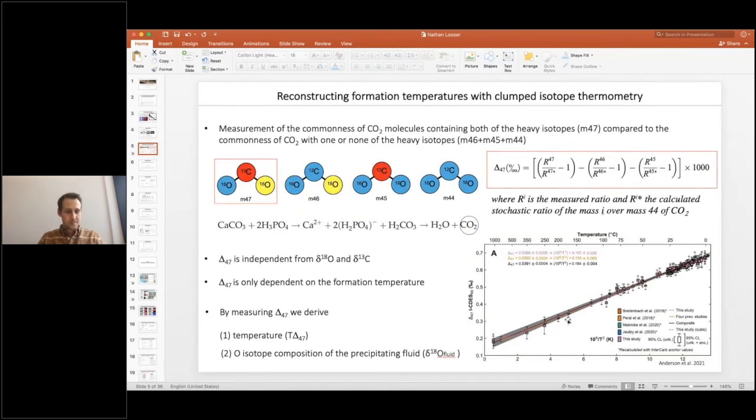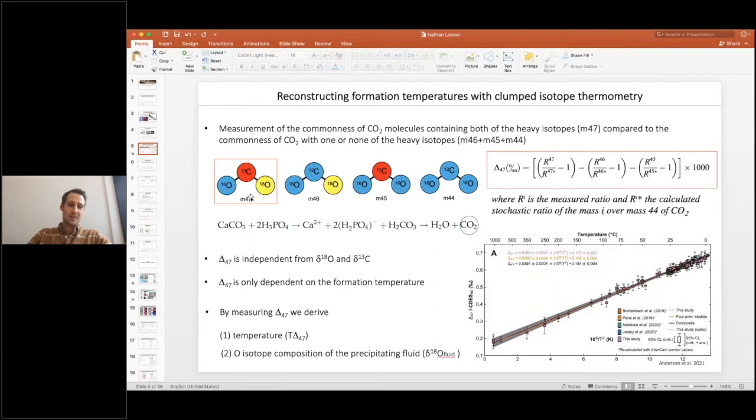Okay, clumped isotope thermometry. To give you some theory on that, what we do there is that we measure the abundance of CO2 that contains both of the heavy isotopes, mass 47, compared to the abundance of CO2 with only one or none of the heavy isotopes. So we focus on mass 47.